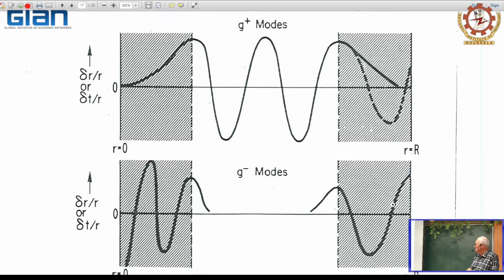The G minus modes propagate in the convectively unstable regimes, and they have evanescent behavior in the convectively stable regimes, determined by A smaller or bigger than 0.